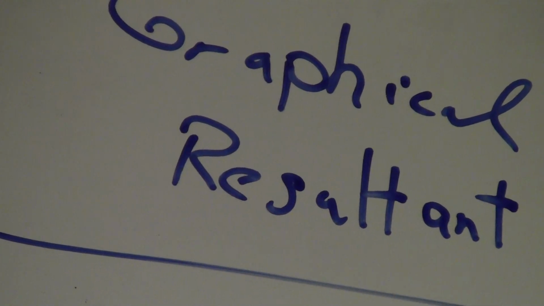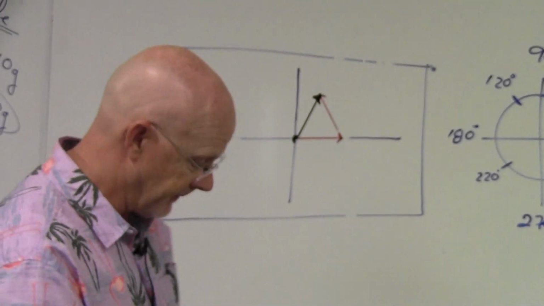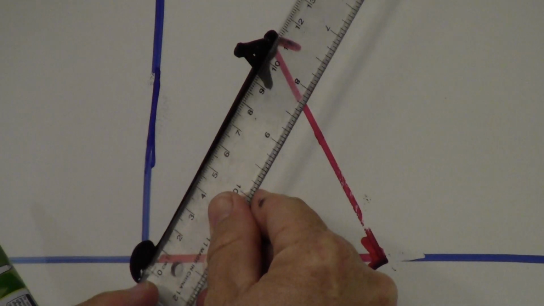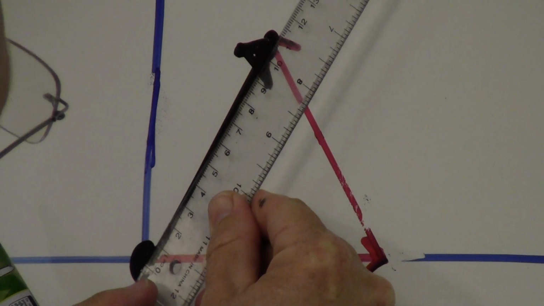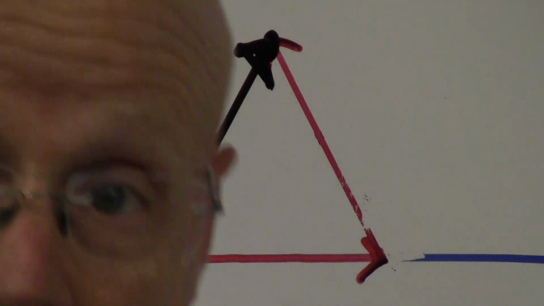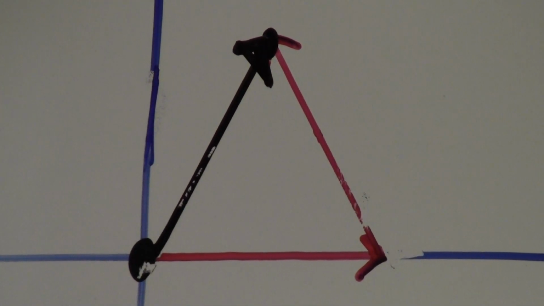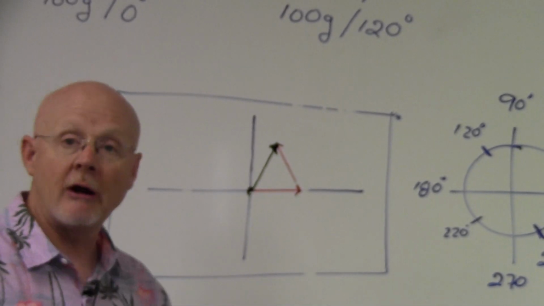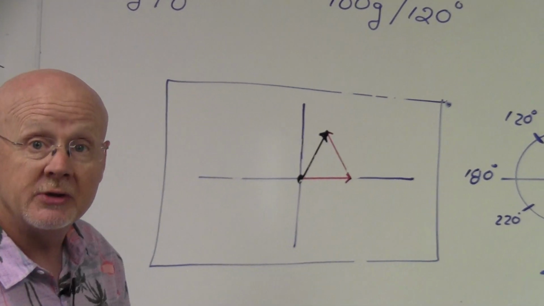I'm going to use my graph here, and the first thing I will do is get its magnitude. So how long is it? I'm going to measure how long it is. Mine looks like it is a little over 10 centimeters. Not much. If I have drawn things perfectly, it would come out at exactly 10. But hopefully with your graph paper, you'll get things a little more accurate and close to 10.